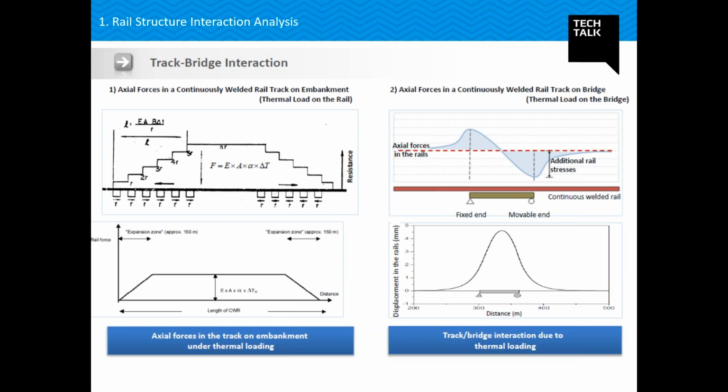For the 150 meters here, the release of stress will take place, but in the middle part of the region, the stress remains constant due to variation of temperature. So if my bridge is lying somewhere between these locations, the stresses in my rail will be constant due to temperature variation.